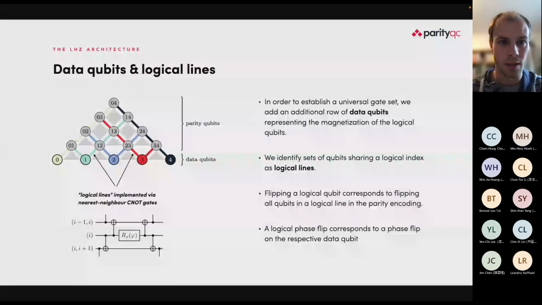Okay. But these logical lines, so it's not new that these logical lines exist. We just gave them a name. We also had them in a paper last year, where we introduced some kind of modular QAOA in the LHZ architecture.